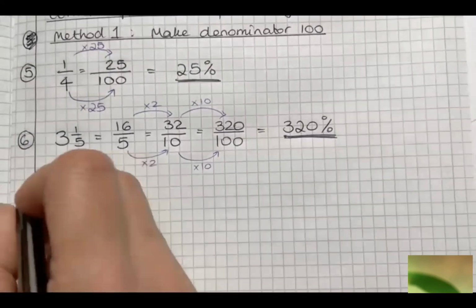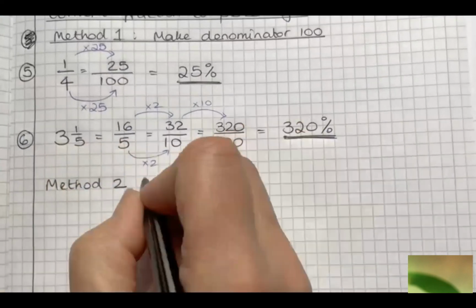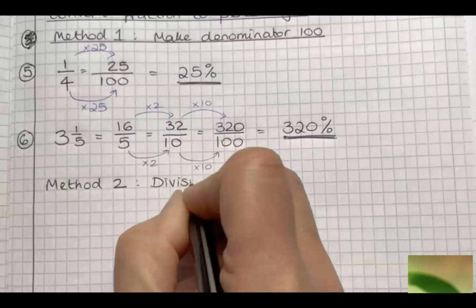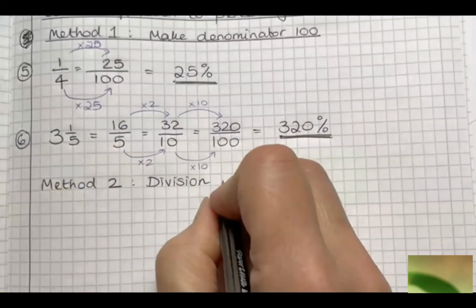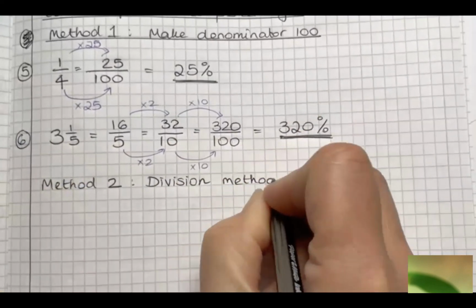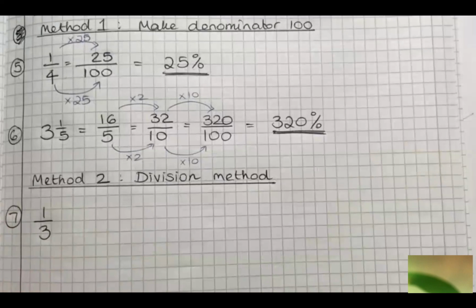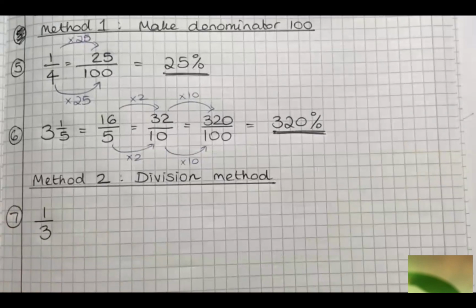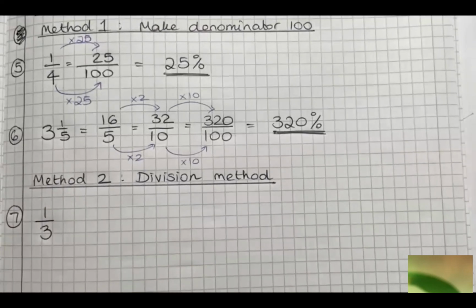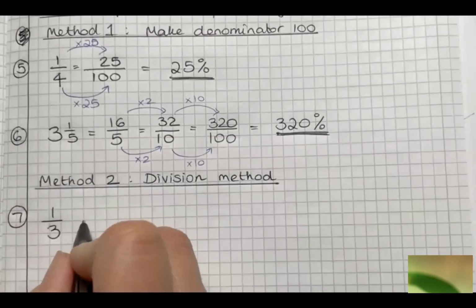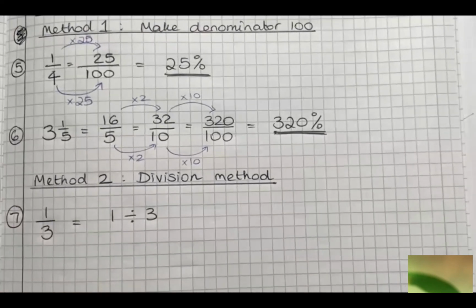I just want to show you one other way. I'm going to call this method 2, because we might find a situation where I can't convert my denominator into 100. So I'm going to call this the division method, and probably the simplest example I can think of with this one. For method 2, the division method, we cannot make the denominator 100, so we need to look at this calculation here. 1/3, I can write as 1 divided by 3, and I can use a little bit of short division.